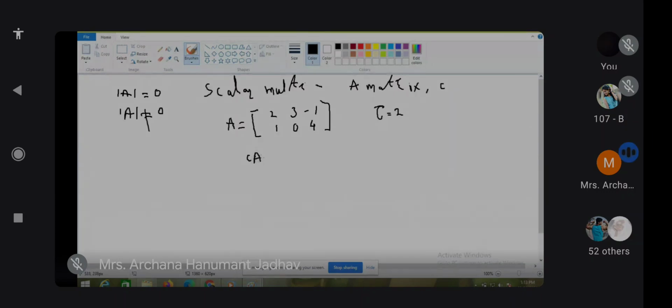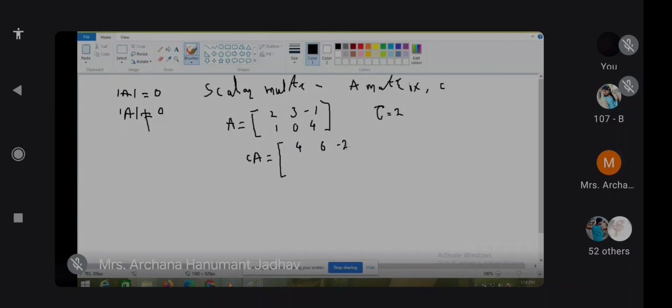Just multiply. C is equal to 2, correct? So just multiply this 2 with each and every number of this matrix. So 2 into 2 is 4. 3 into 2 is 6. 2 into minus 1 is minus 2.